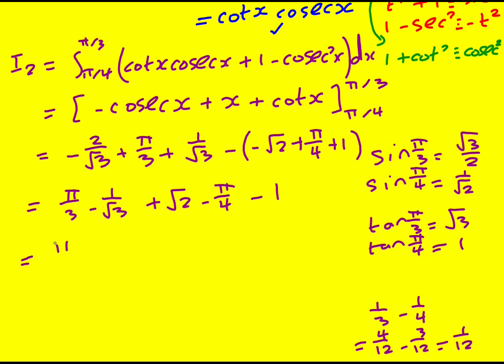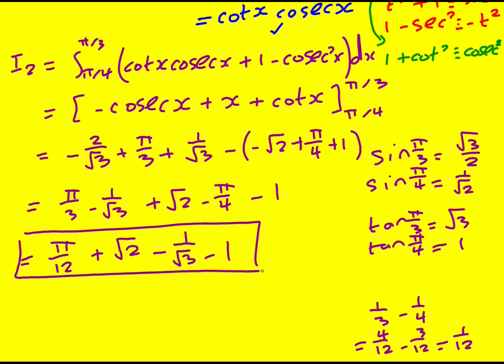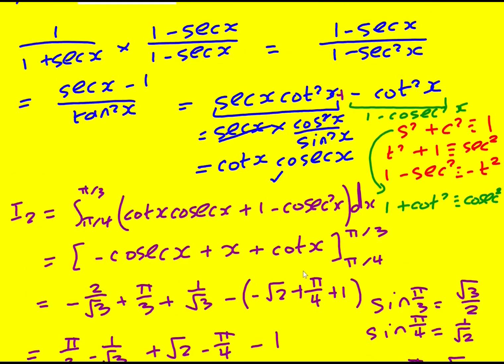So I'm going to get pi over 12. Then I'll write plus root 2 minus 1 over root 3 minus 1. Can't really simplify that much. I could rationalize the denominator of the 1 over root 3, but this is absolutely fine. So that is our second integral.